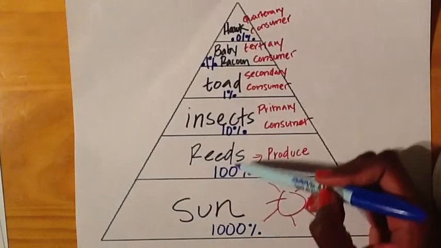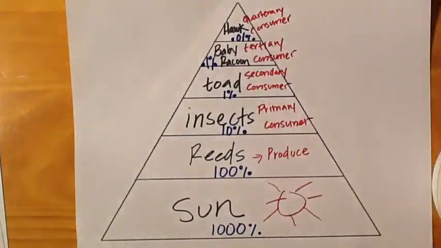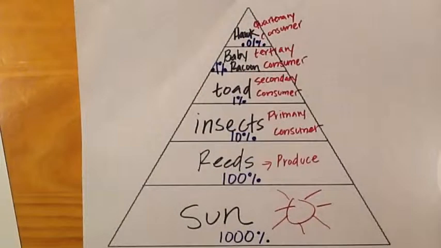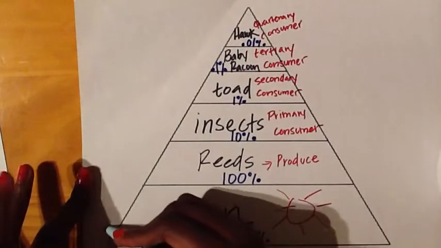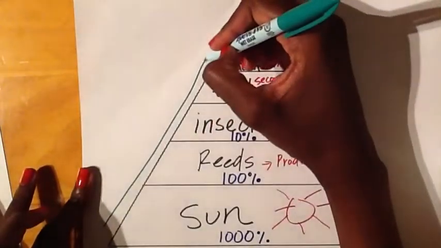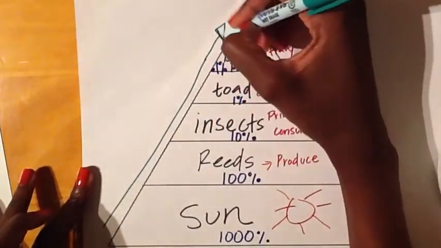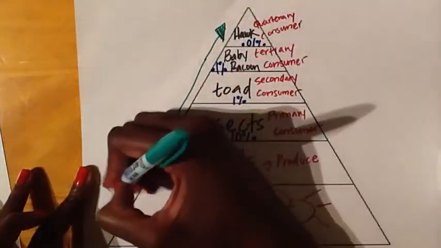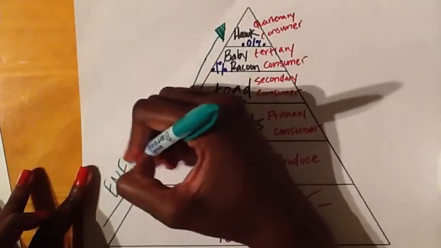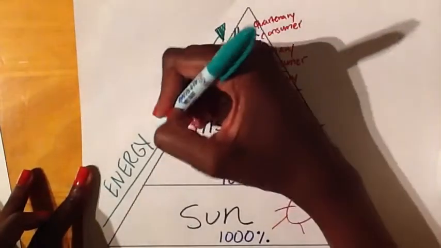But look how far the energy has to go in order to get through to the hawk. When we look at our pyramid and we look at the amount of energy that is transferred, one thing that we can infer or notice is that as we get higher up on our pyramid, our energy transfer gets lower.